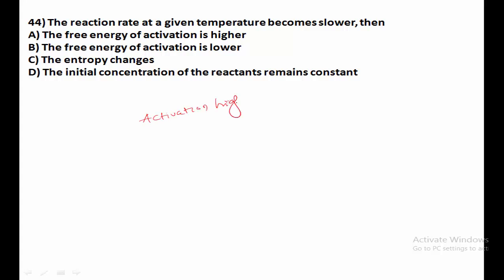When activation energy is higher, the rate of reaction decreases, because it requires more heat energy to get activated, and due to that lack of energy, the rate of reaction becomes slower. It occurs when activation energy is higher. Therefore, option A is the correct one.